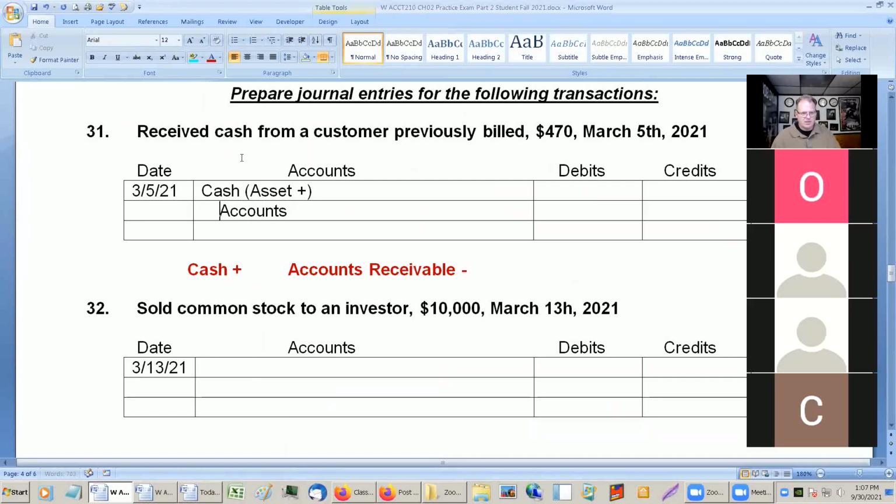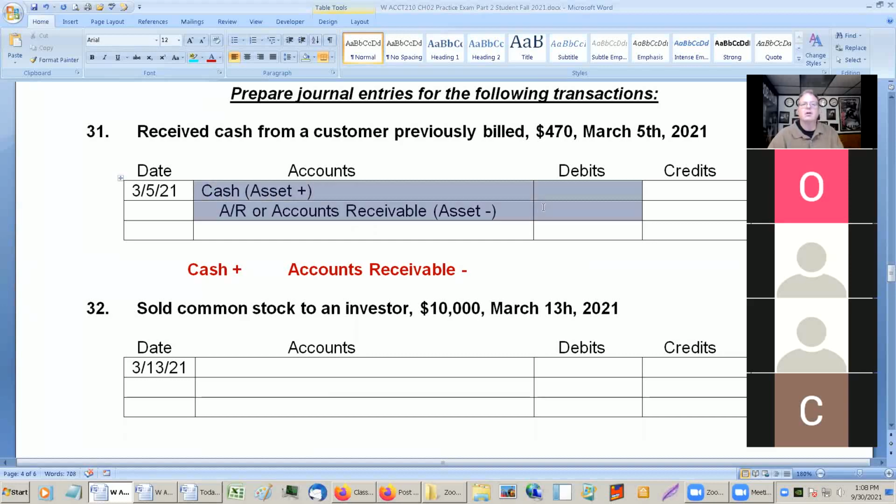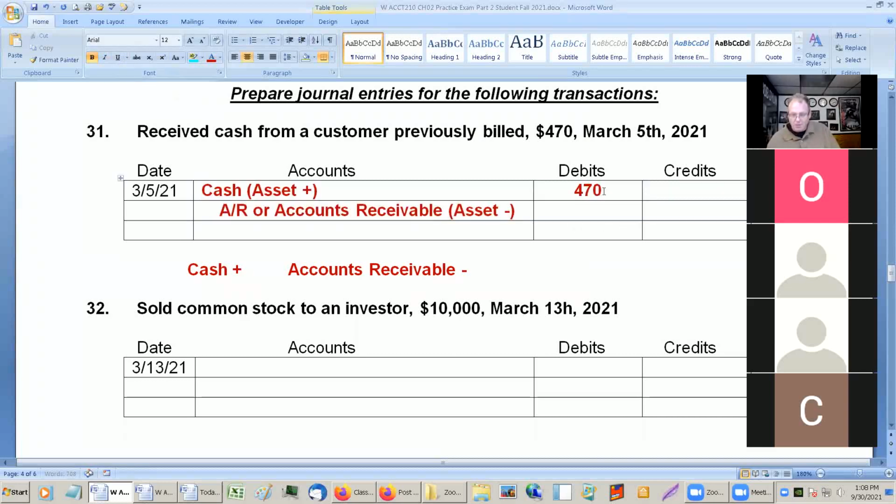By the way, I think I told you guys you can abbreviate this. Did I tell you guys about abbreviating it? Accounts receivable can be AR. Did I tell you this or no? There's stunned silence. In case I didn't, you can abbreviate accounts receivable as AR.